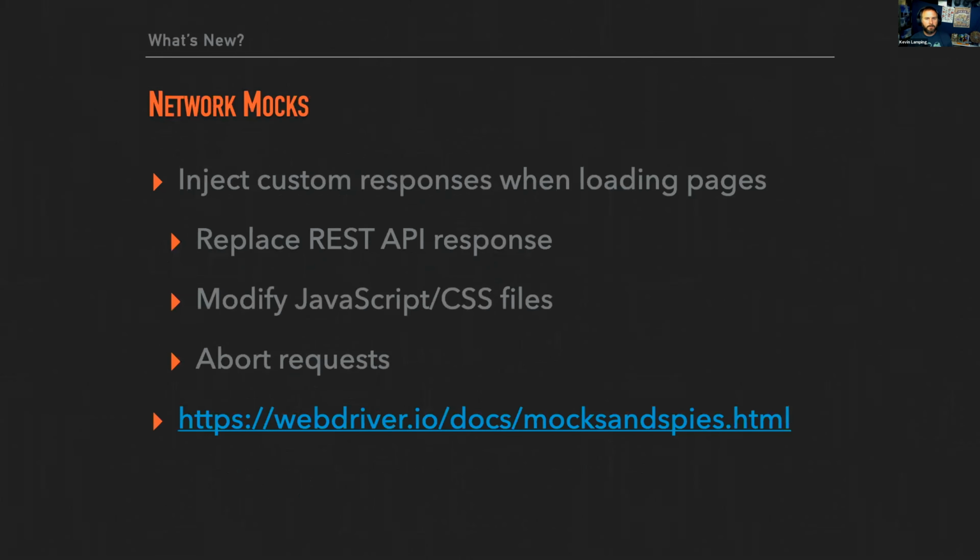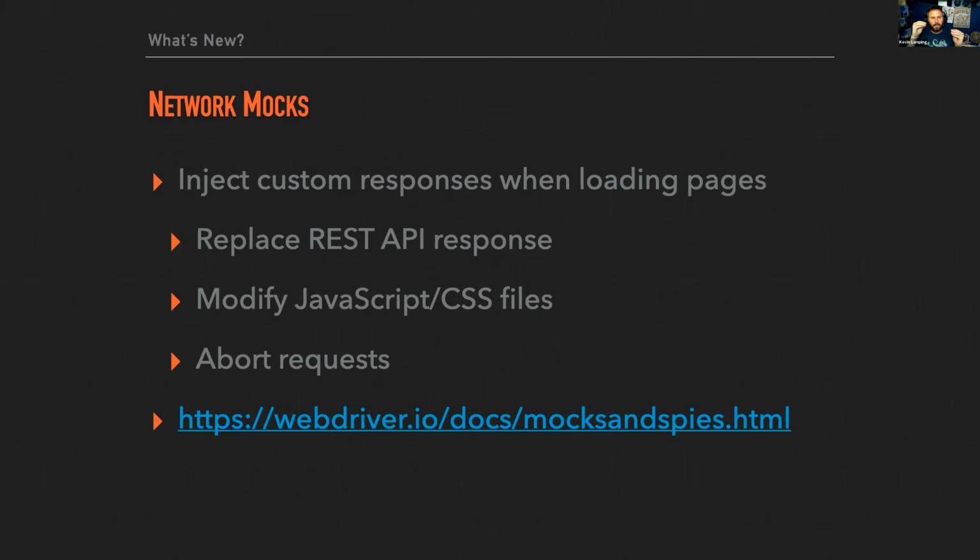Another really cool, really new feature in the past month, and it's actually in beta right now, are these network mocks. So if you are familiar with the idea of REST API and websites sending requests to a REST API, this is kind of going to do that. So what it's going to do is, the browser is going to send a request to the server for some resource.